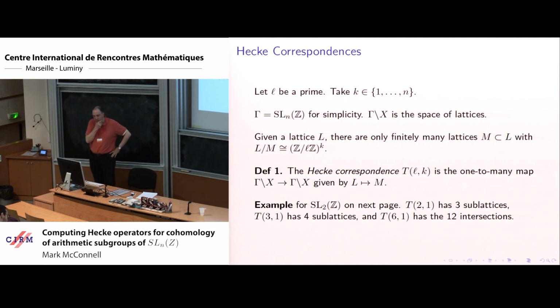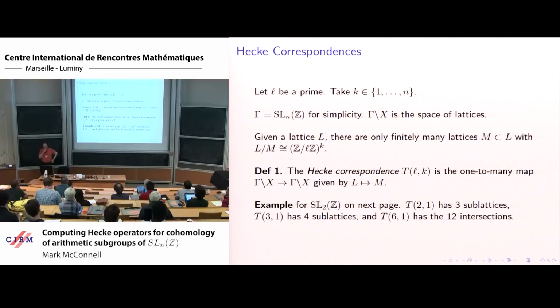There's only finitely many ways to do it and still build a lattice. And so the simplest definition of a Hecke correspondence is, remember, a correspondence is a one-to-many map. A correspondence is a function that sends one point to many. So the Hecke correspondence is the one-to-many map from the space of lattices to itself that sends a given lattice to all of these sublattices M.